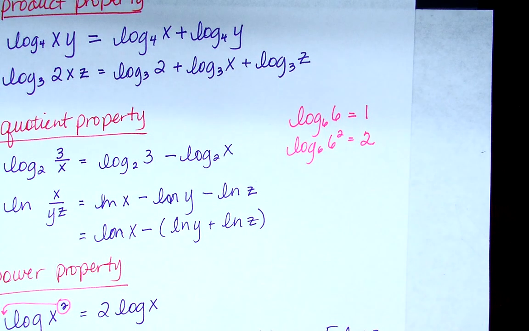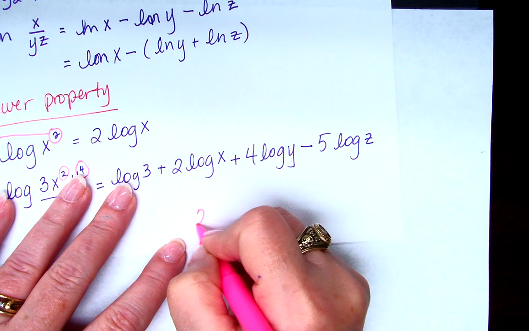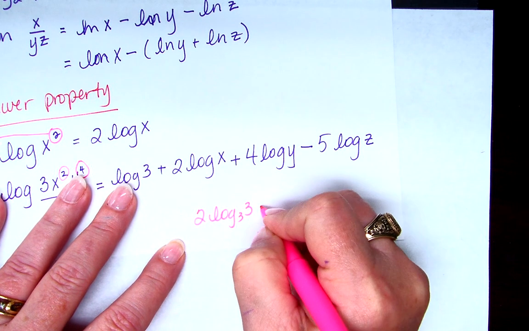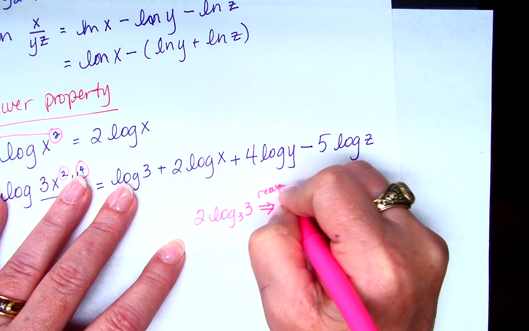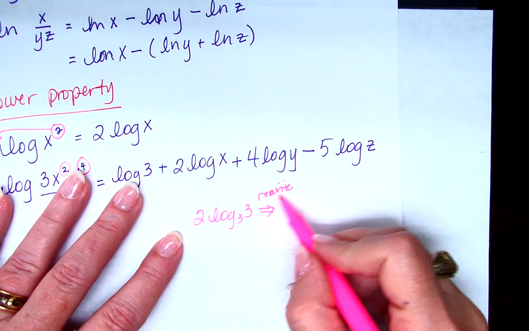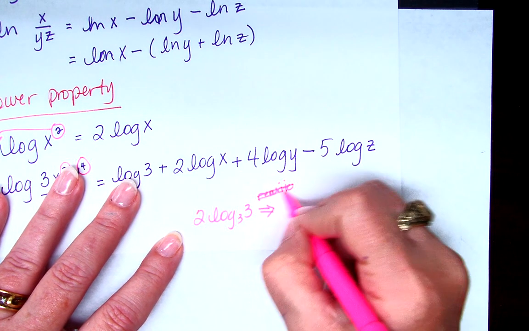Now I will tell you that the homework does try to trick you. It will give you a problem that looks like this: 2 log base 3 of 3. The directions are rewrite it, or simplify. We saw both directions.